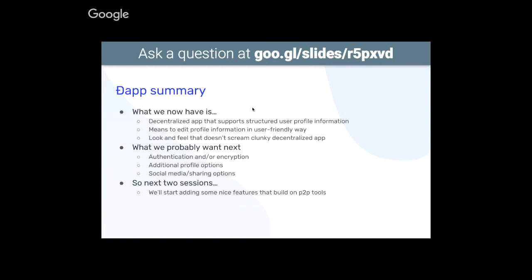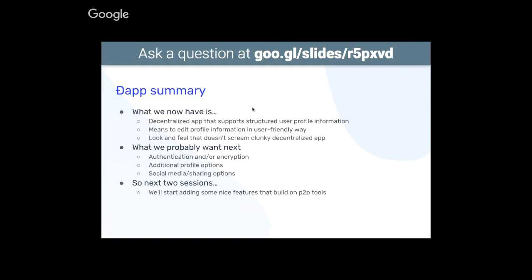So a quick summary of what we've got now: we've got a decentralized app that supports structured user profile information. And we will, by the end of this week, have the means to edit the profile information in a user-friendly way. And hopefully we've created a look and feel that doesn't scream clunky decentralized app, but actually looks and feels a lot more like a normal app that you might see on the centralized web.